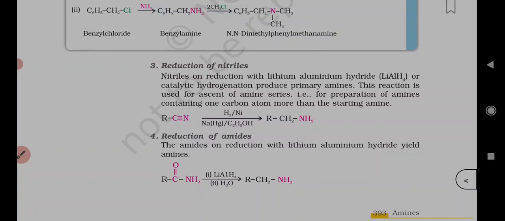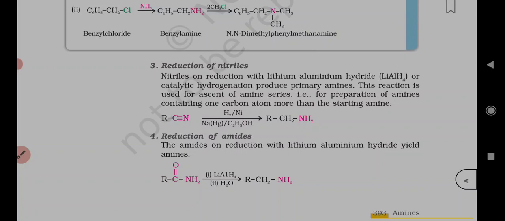So between butane 1-ol and butane 1-amine, butane 1-ol is more soluble in water because alcohols are more polar than amines and form stronger intermolecular hydrogen bonds.